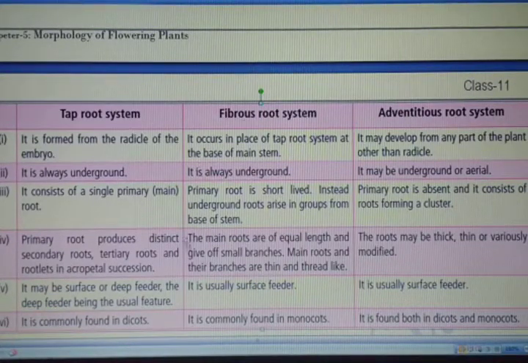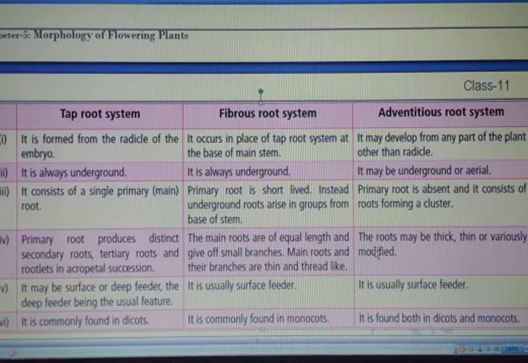Whereas in case of fibrous root, if we consider all the roots that have developed after the main root died as the main roots, then further branches come out from them, which are thin and thread-like. And when we talk about the adventitious root, they may be thick, thin or otherwise variously modified into various shapes and sizes.